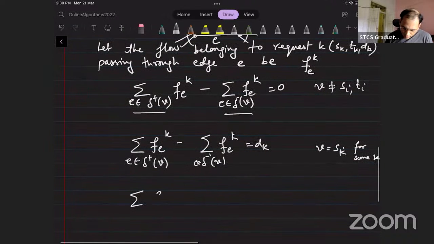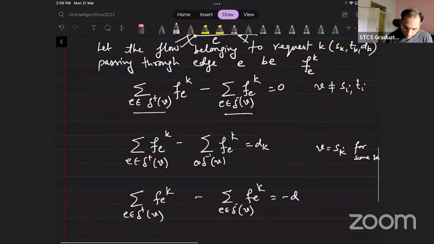And similarly, it should be equal to minus d_k for V equal to the sink t_k.